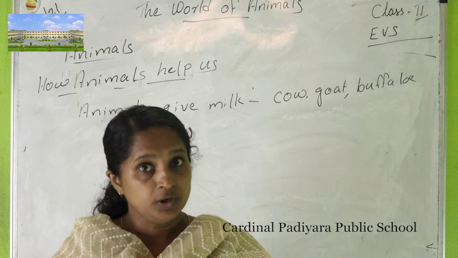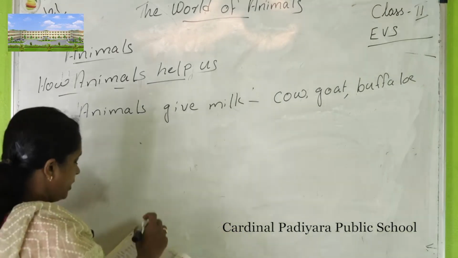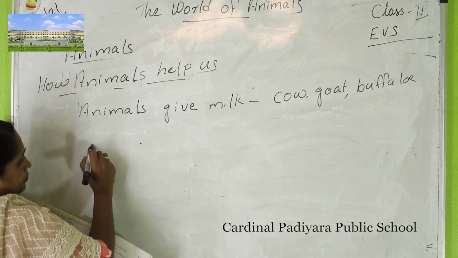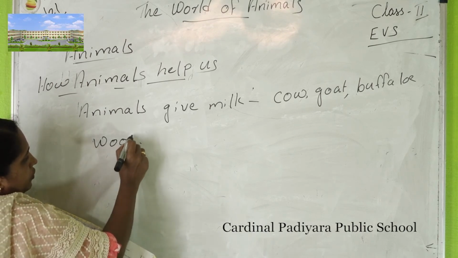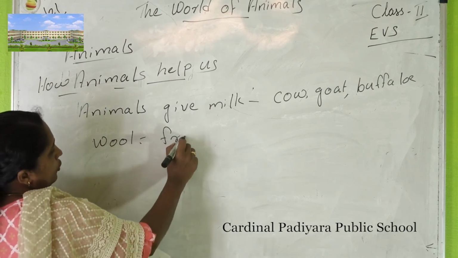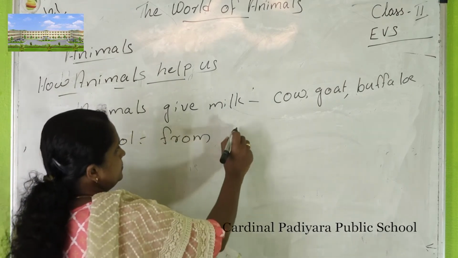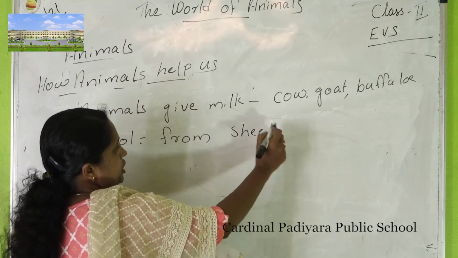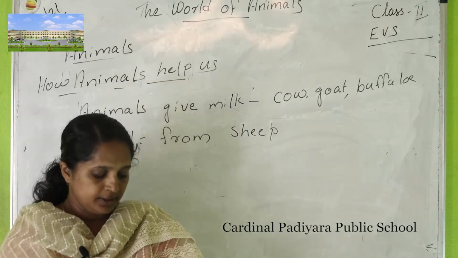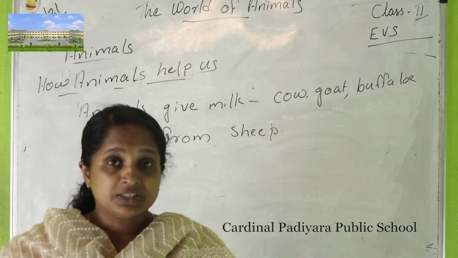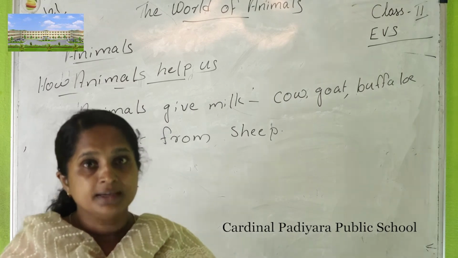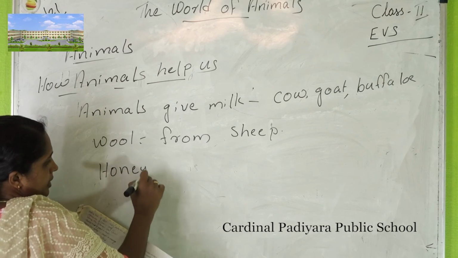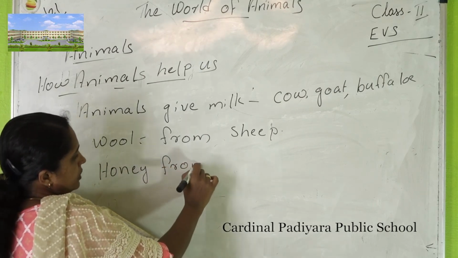Then from where do we get wool? We get wool from sheep. And from where do we get honey? We get honey from honeybees.